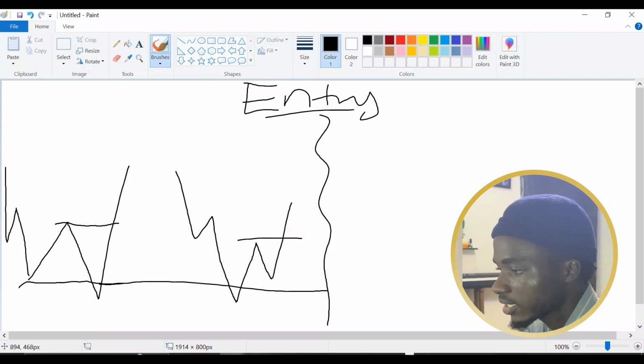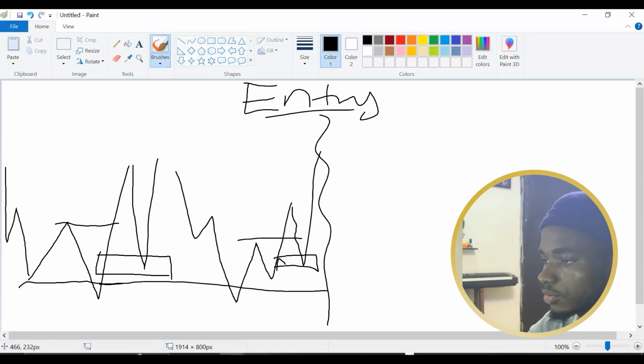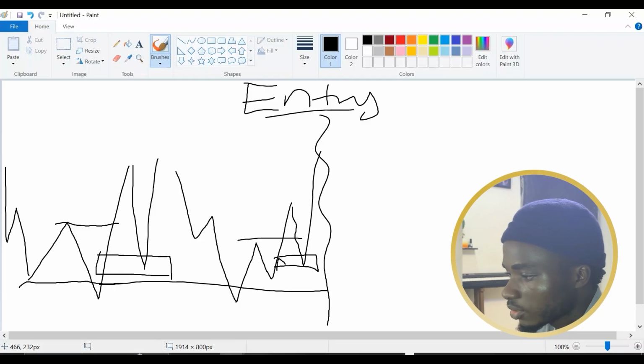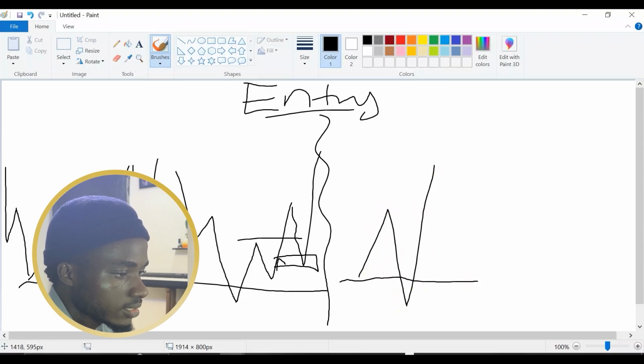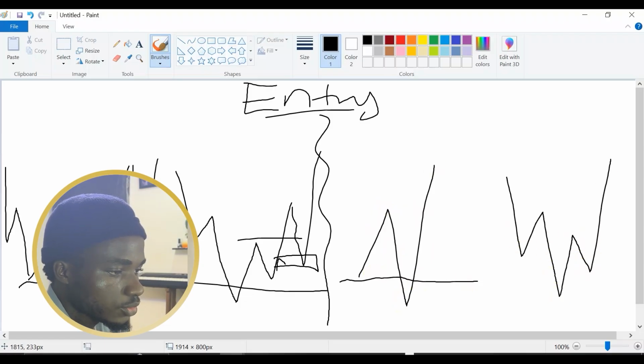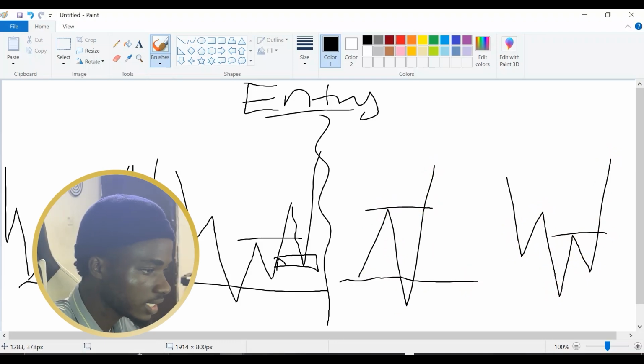So once you see a market structure shift this way, you can place your entry around this, maybe a fair value gap in this area, and then you take your entry to go long. Or you can also use the order block, come down and go up. So I'm going to show you guys what an order block is on the chart. So these are the two setups you want to look for. So again, you want to look for something like this, right, or something like this, right? So once you see this kind of market structure shift, then you can safely enter the trade.